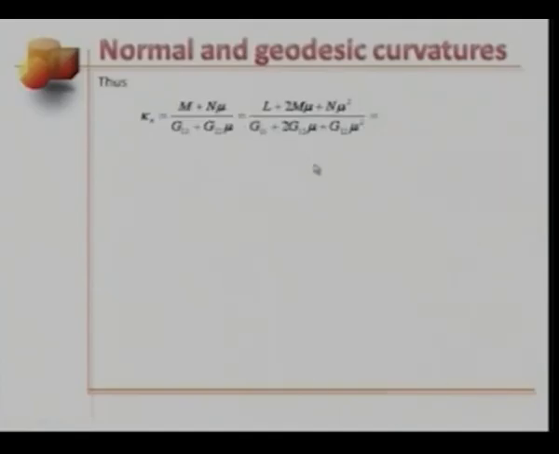So I can write this expression as L plus mu times m, plus mu times m plus n mu, over G11 plus G12 times mu plus mu times G12 plus G22 times mu.